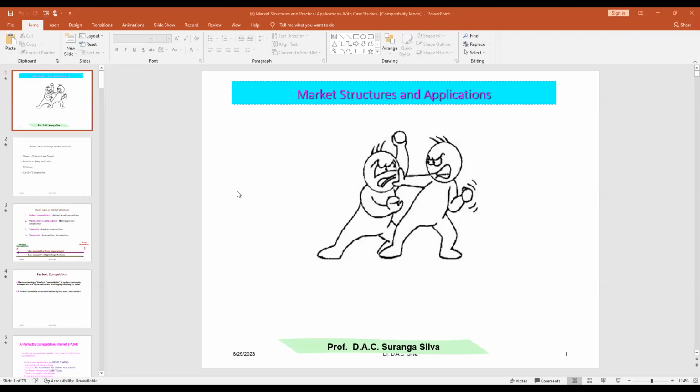Basically, I would like to highlight some areas like economies of scale and economies of scope, economic efficiency and technical efficiency, and the relationship between MSC and ACR or something like this. We will be discussing these in your final examinations.